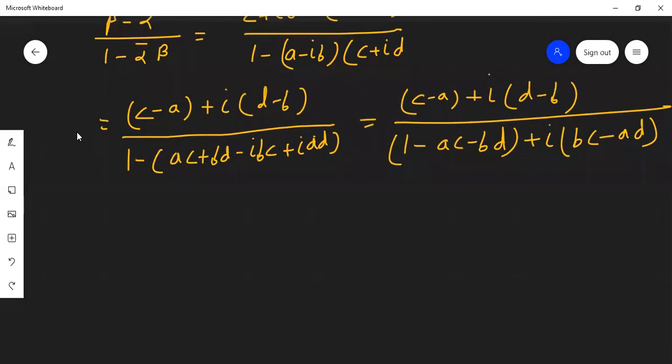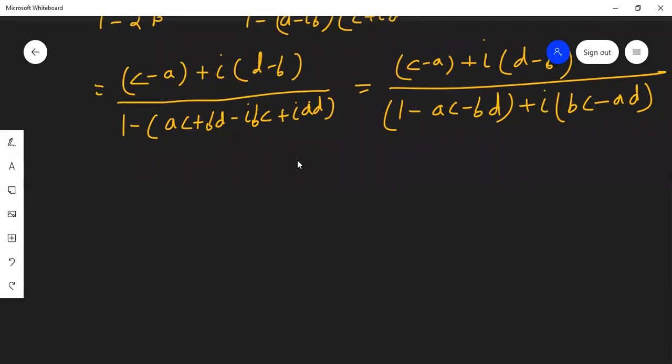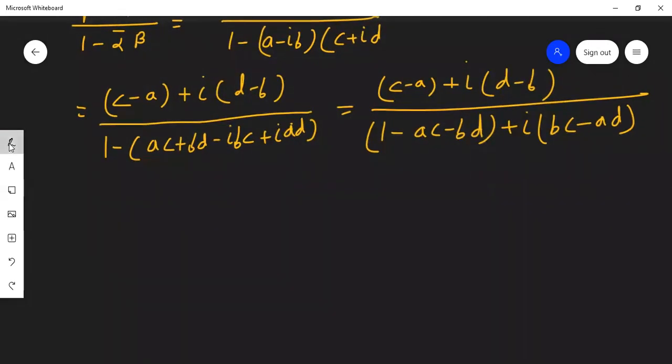So now we can find the modulus of this quantity.